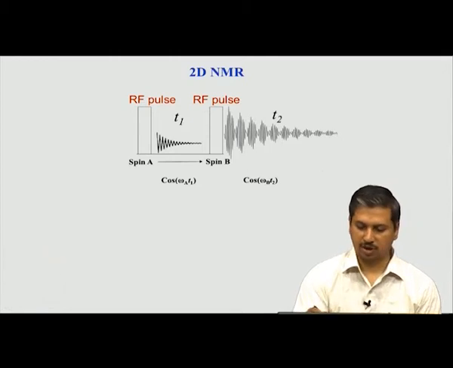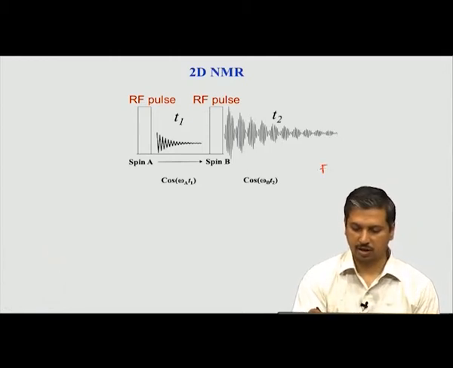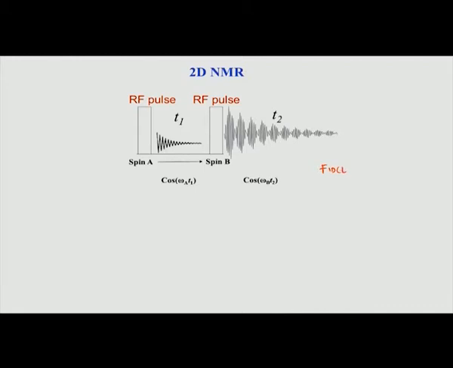My final FID total is cosine omega A T1 into cosine omega B T2. This is the main point: mathematically, we have basically multiplied the two FIDs.